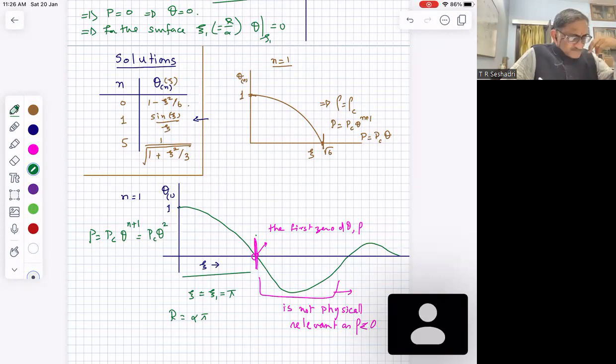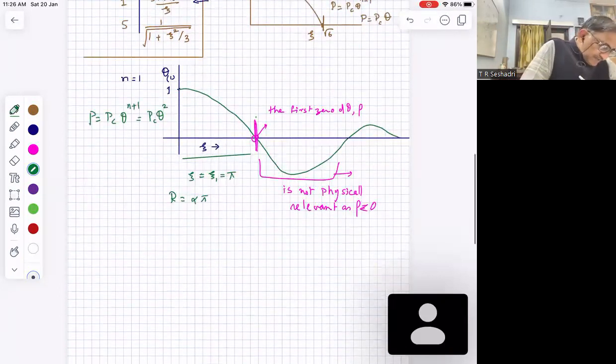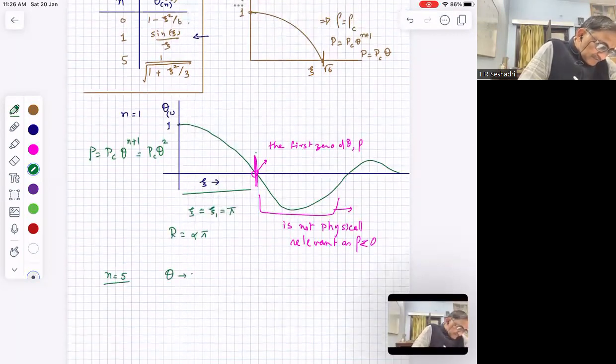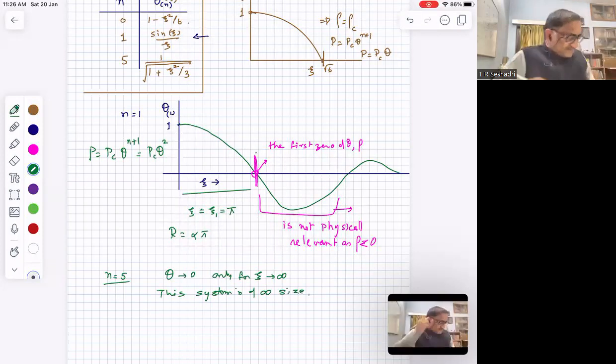Yes. Okay. And for n equal to 5, theta goes to 0 only for xi going to infinity. So this system is of infinite size. These are all ideal cases.